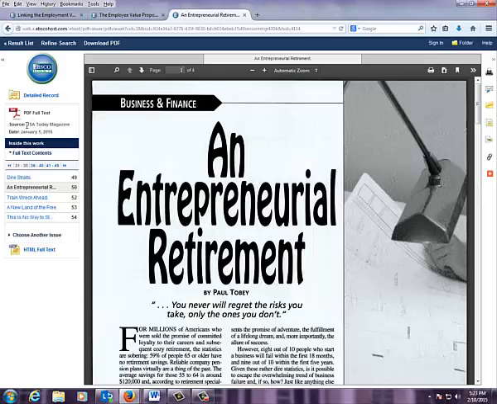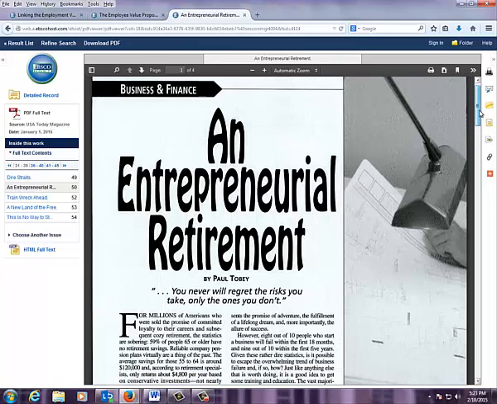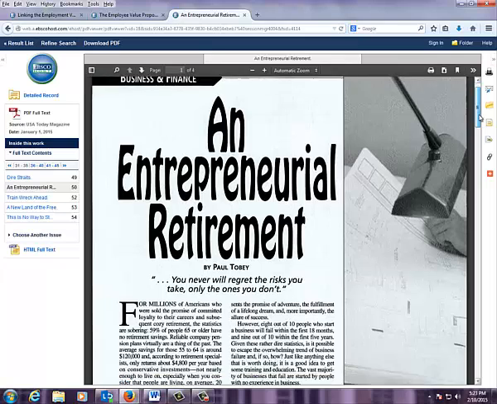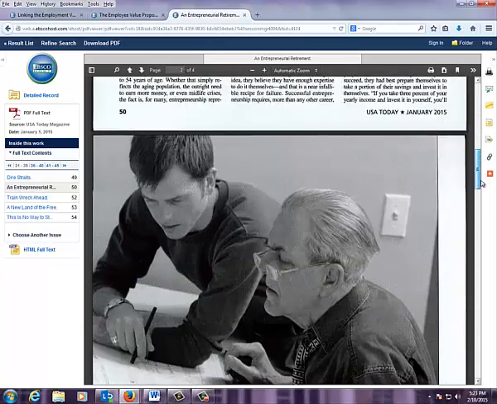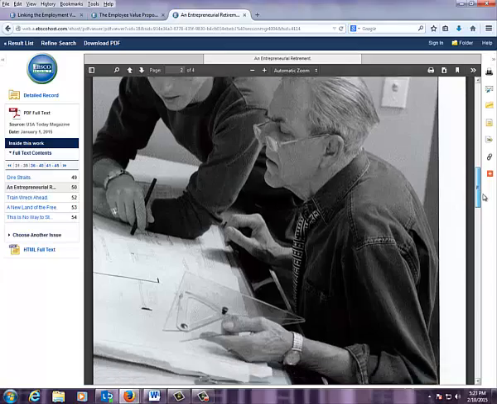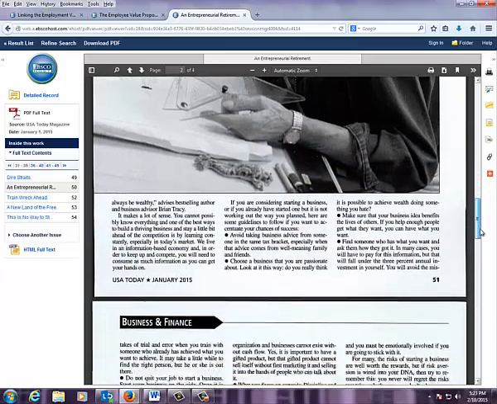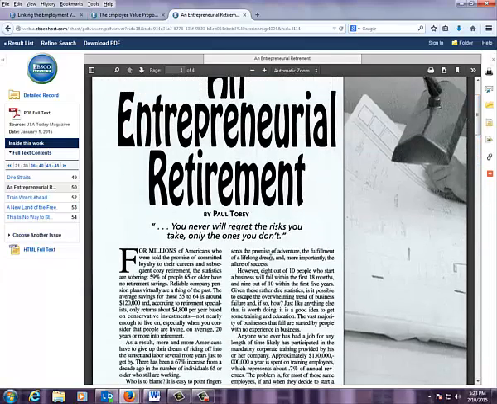You'll notice it's published in USA Today magazine, and as you scroll through this article, even though it's about a business topic, it's not really written for necessarily business people. This is really written for the masses. It's an article that provides an opinion piece with no references. There's no abstract. It's not even really industry specific as much as it is an opinion piece about a topic that happens to be about business.